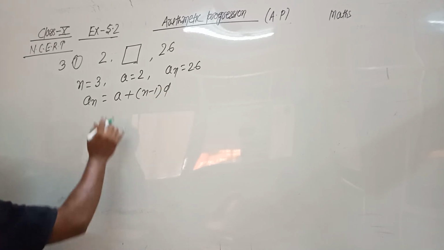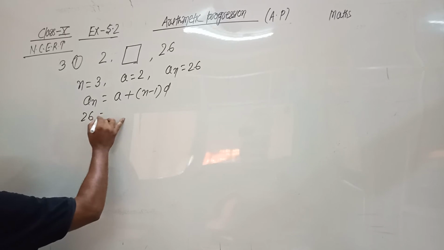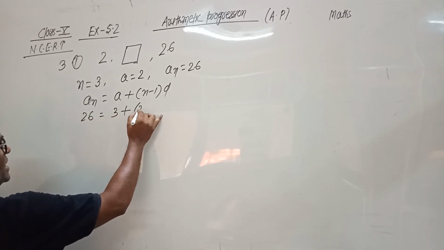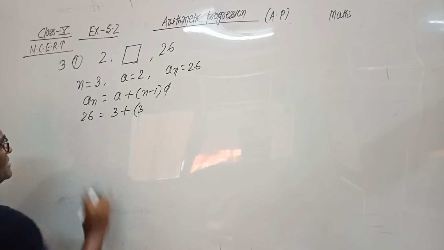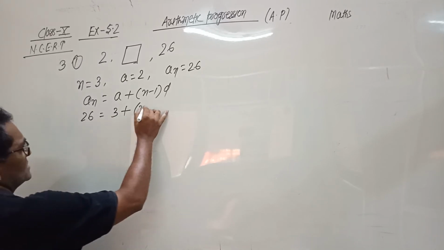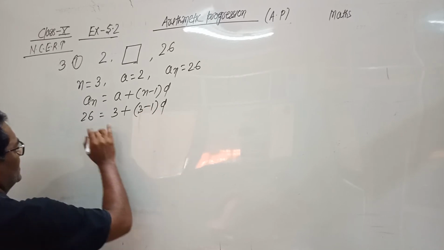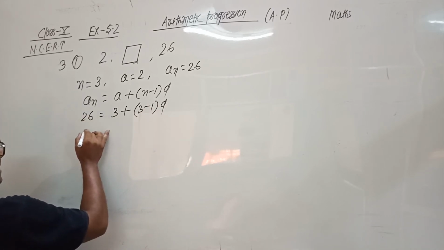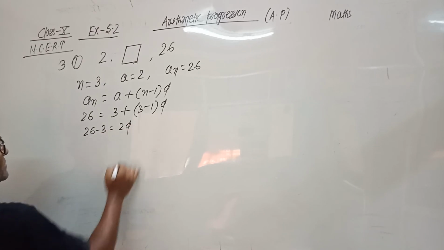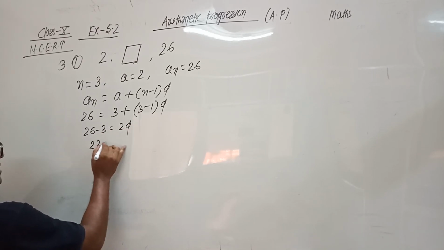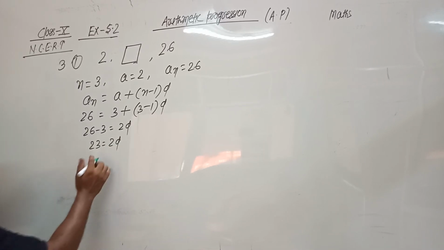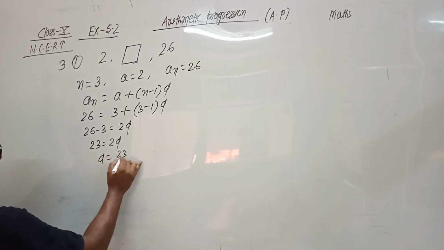The value of an is 26, the value of a is 2, and n is 3, so 3 minus 1, and d we will calculate. 2 goes to the left side: 26 minus 2 equals 2d, so 24 equals 2d, and d comes to be 12.